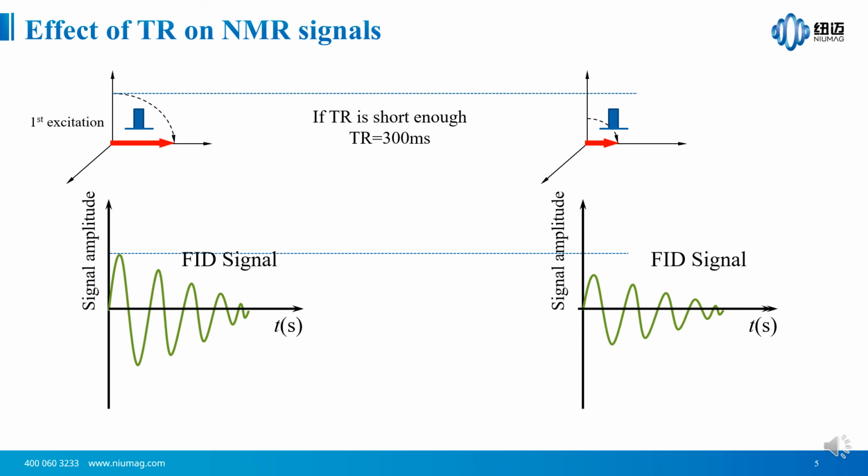Therefore, we can compare the signal strength collected after the first pulse with the signal strength of the subsequent pulses to obtain the most suitable TR value for the sample. We will show you an experiment later.